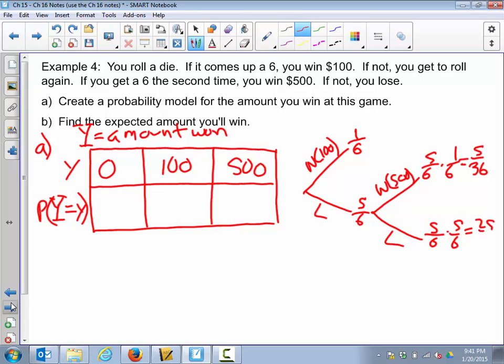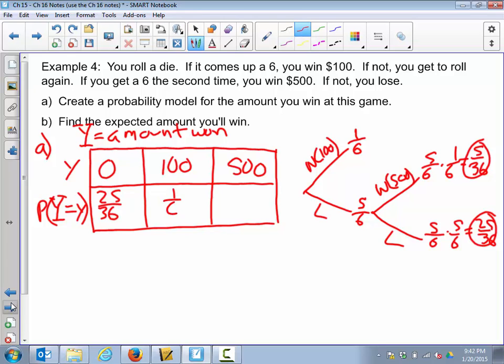Let me write that out. 5/6 times 5/6 is 25/36. Okay, and sure enough, the 5/6 here plus the 25/36 here, that sums to be the 5/6 chance that you had lost on the first roll of the die, which is good. We need to make sure that these branching events total to the probability that we got there in the first place, which was 5/6.